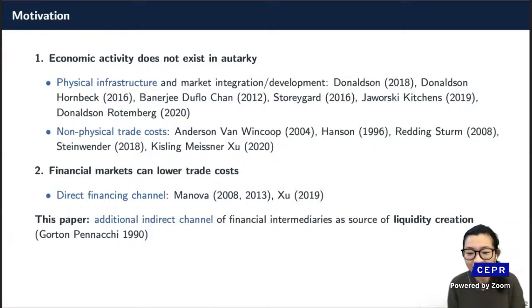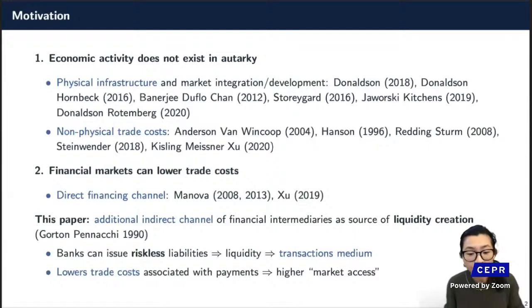And this idea that financial intermediaries can create liquidity goes back to Gorton and Pennacchi 1990, where they show theoretically that banks are particularly well positioned to issue riskless liabilities because they can repackage the stream of payments from their various assets and guarantee this payment for their liabilities.